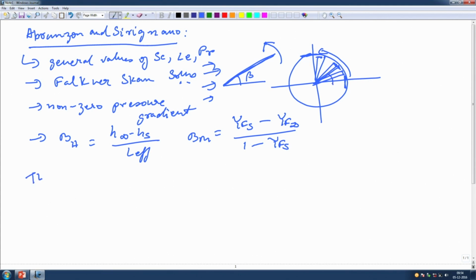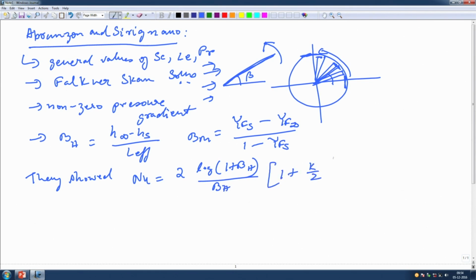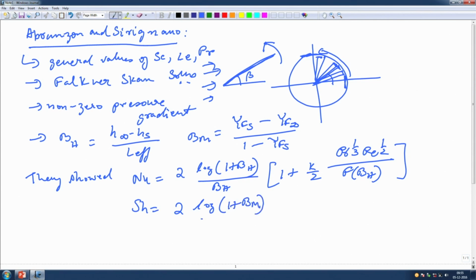They showed that the Nusselt number, and we are not going through the math because it is extremely complicated. What are these F, and this we will come a little later. So, that is the Nusselt number, then you get the corresponding Sherwood number for the mass transfer.